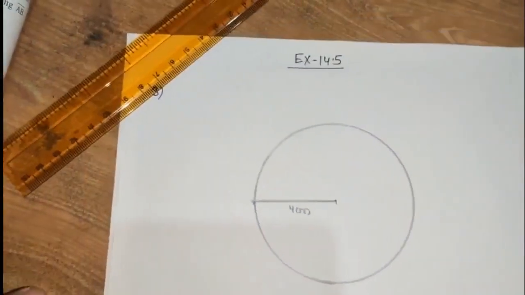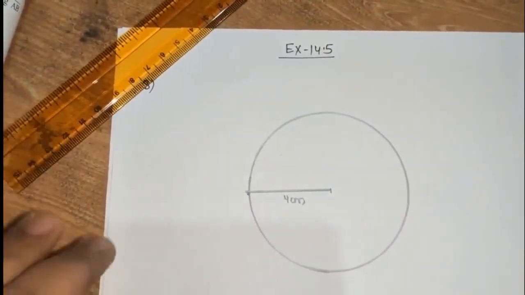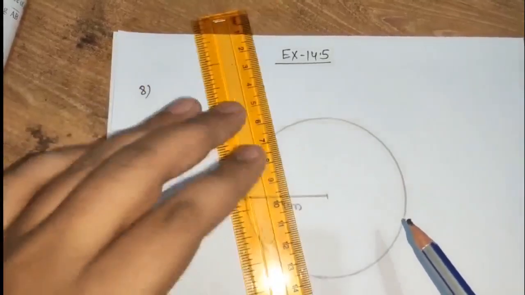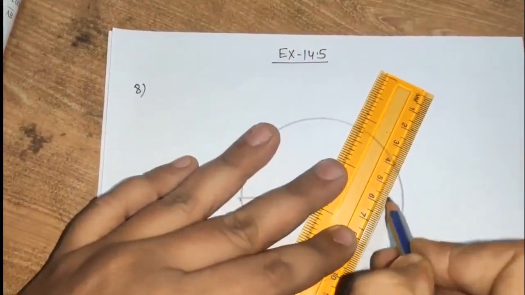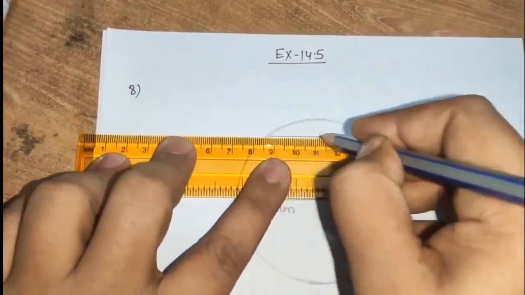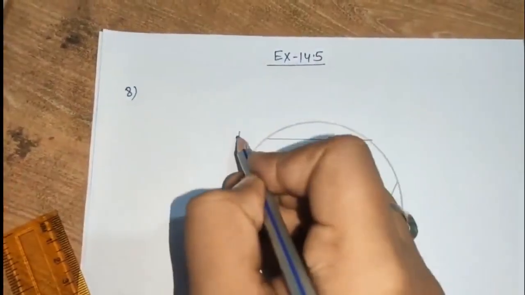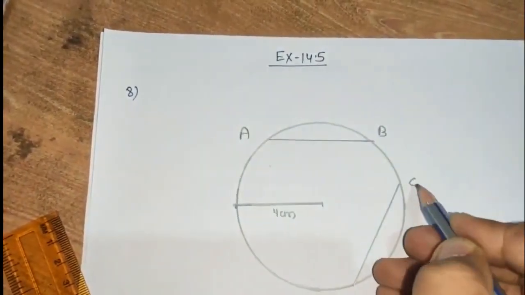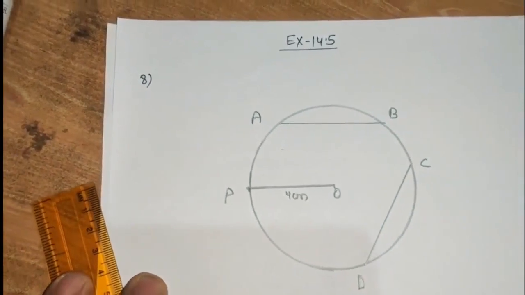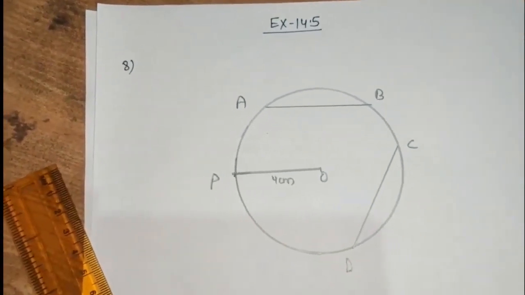Now we have drawn this. Now it is written that draw any two of its chords. So we will draw two chords, one and then another. Here we will write A, B, C, D, O, P. These names we can give ourselves.